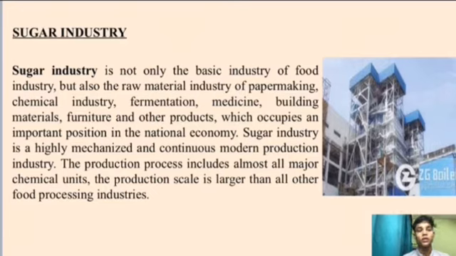The sugar industry is a highly mechanized and continuous modern production industry. The production process includes almost all major chemical units. The production scale is larger than all other food processing industries.